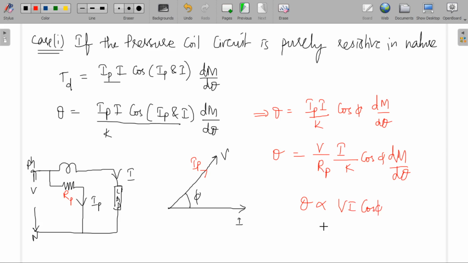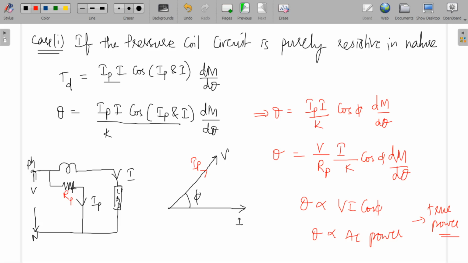This is true power. That is, theta is directly proportional to AC power. If the pressure coil circuit is purely resistive in nature, then you can measure true power. It is somewhat difficult to make this pressure coil circuit purely resistive in nature, but at least you make this circuit as resistive as possible.